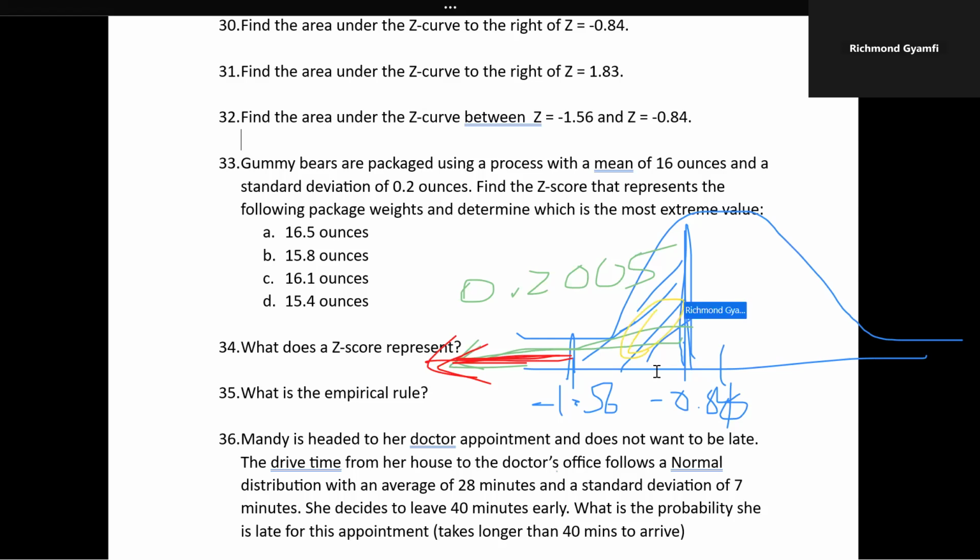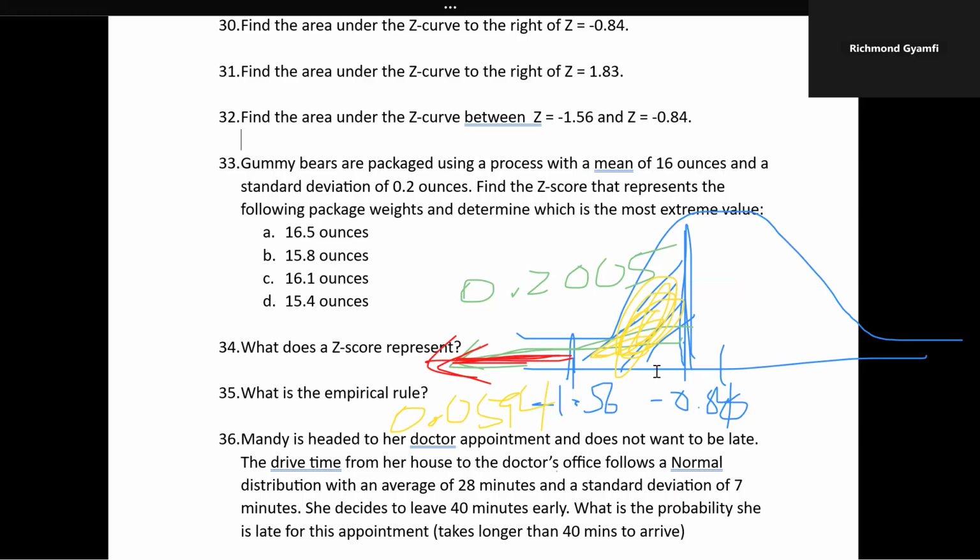The area to the left of negative 1.56, if you go to the table, we already found it in question 29 or something like that. That was 0.0594. So that is this small area, 0.0594.